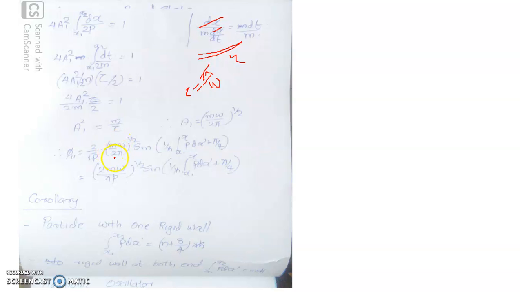One of the 2 will then cancel with that in the denominator. 2m omega divided by root p is also taken. Pi p raised to half, sine of 1 by h cross integral x1 to x dx prime plus pi by 4. This will give us a better representation for the wave function representing the harmonic oscillator, say a bound system.